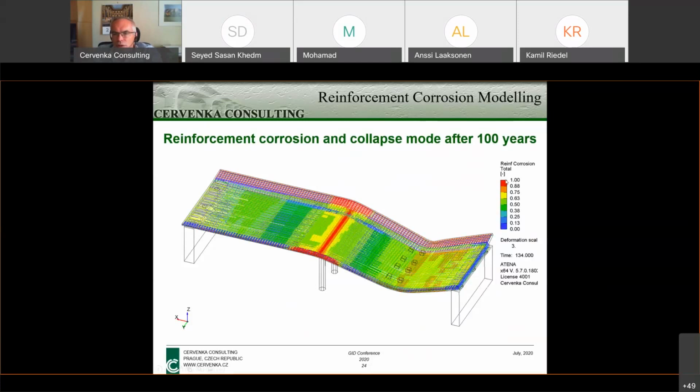So 1 means almost fully corroded reinforcement, 0 means no corrosion. Of course, the reinforcement in the interior is not corroded, but that close to the surface is corroded more. Here above the support, there were cracks, so the corrosion was much larger. And here you see, let's say, the final collapse mode of this bridge.